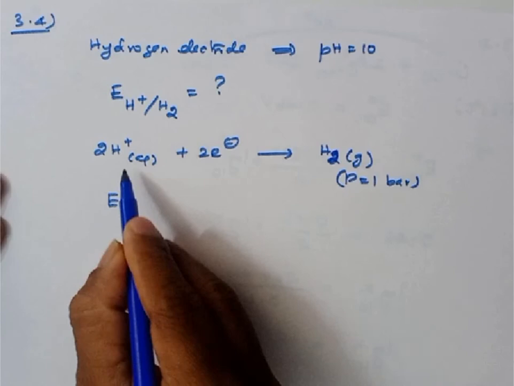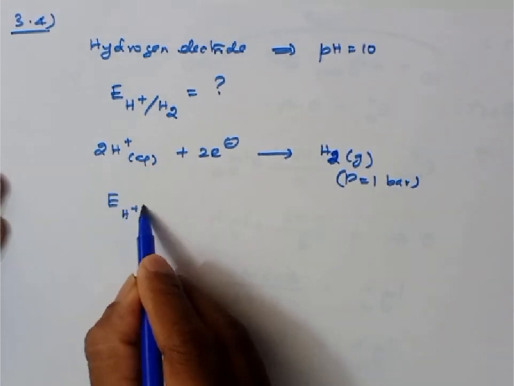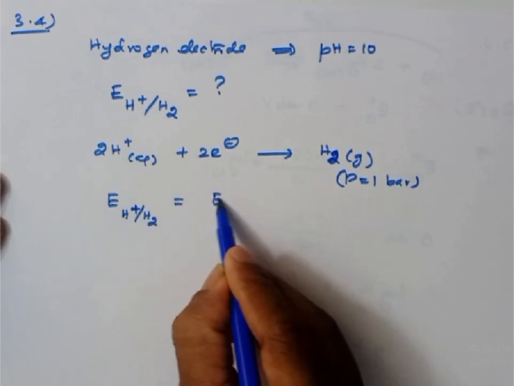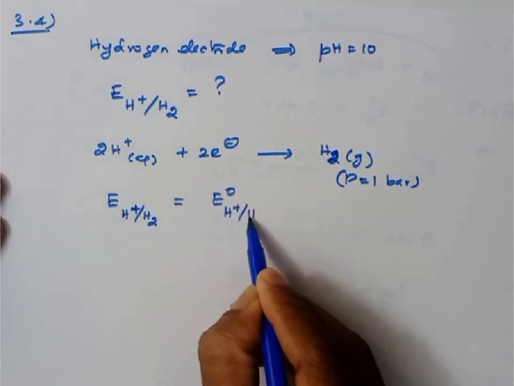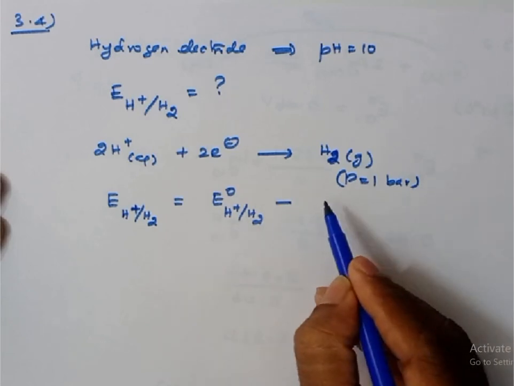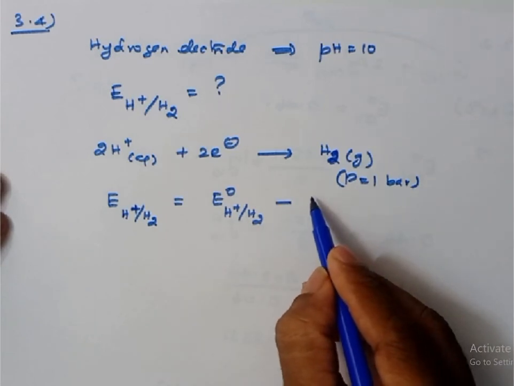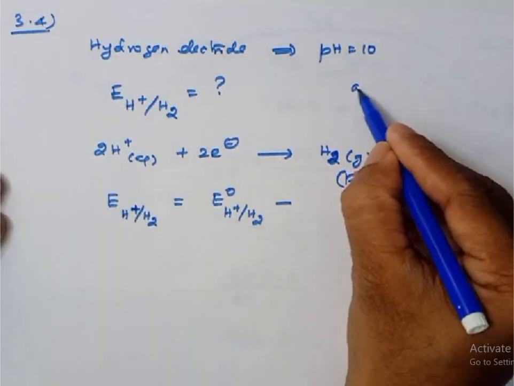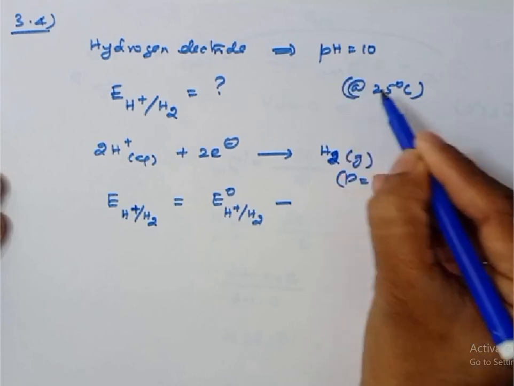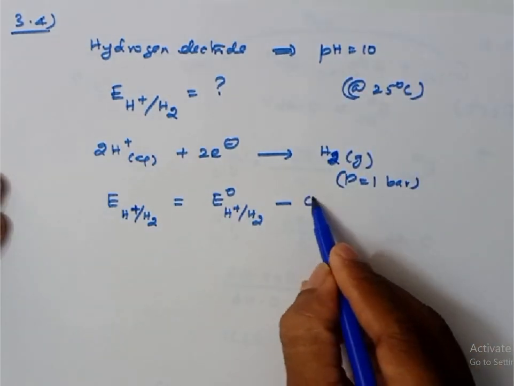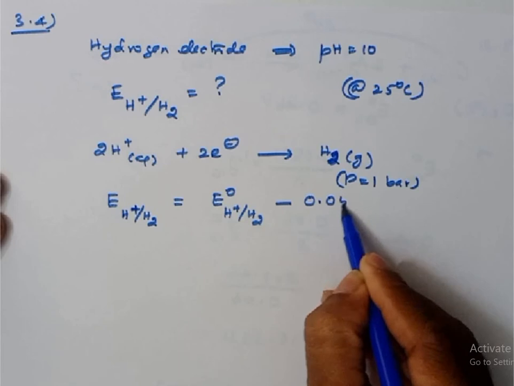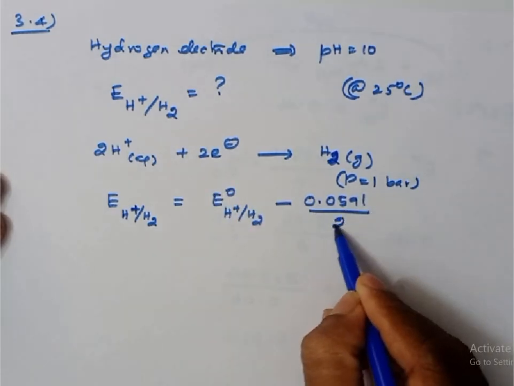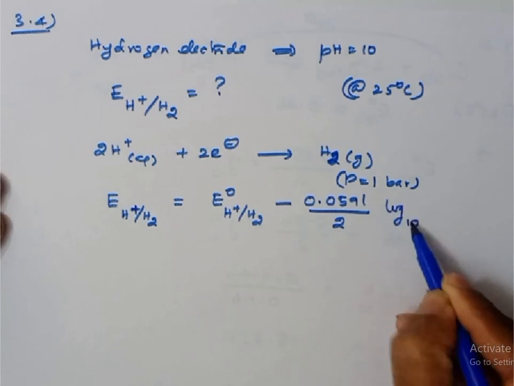According to the Nernst equation, E for H plus becomes H2 equals E naught for H plus becomes H2 minus 2.303, and let us assume the temperature is 25 degrees Celsius since it is not given, the constant you know very well, 0.0591 divided by the number of electrons transferred, which is 2 here, into log base 10.